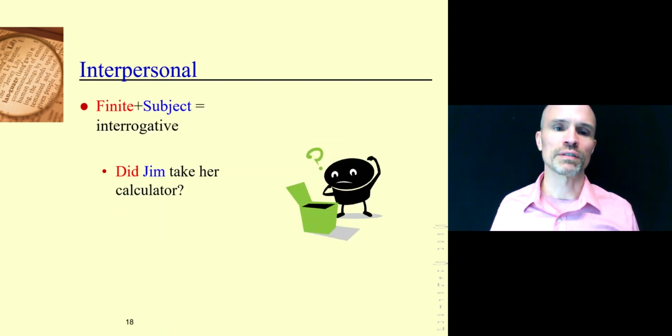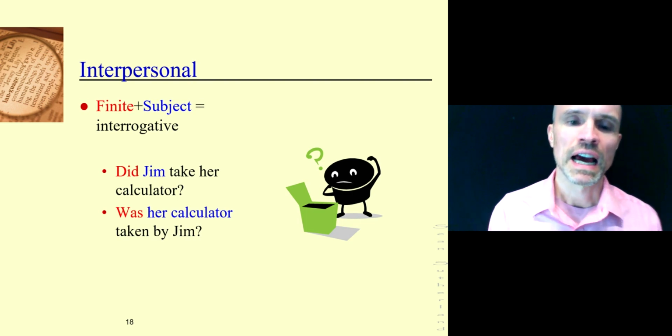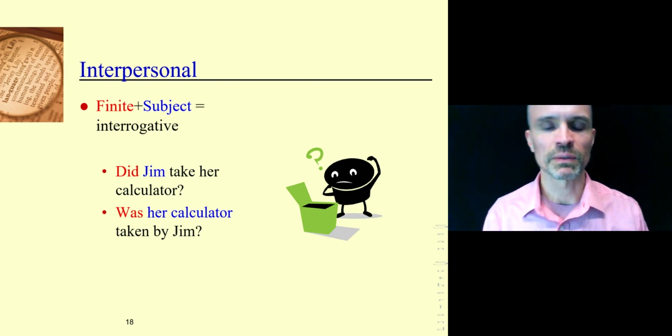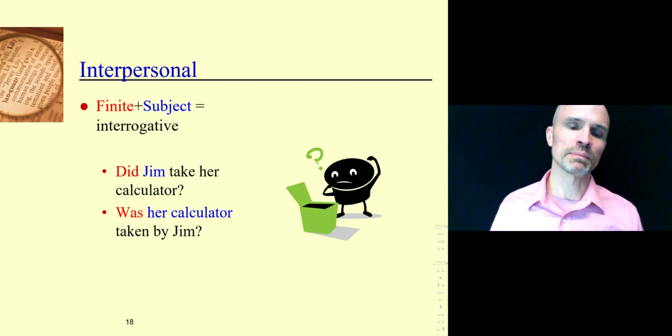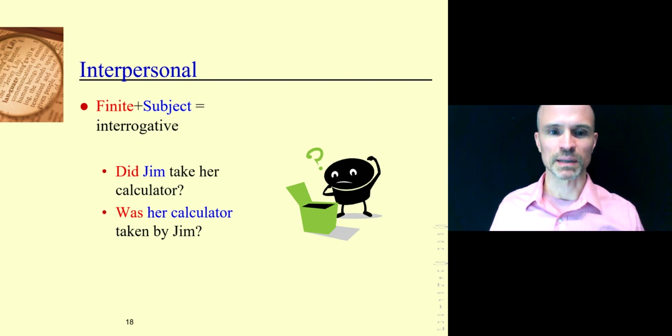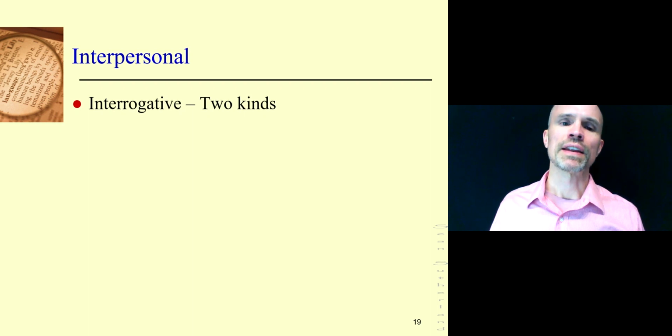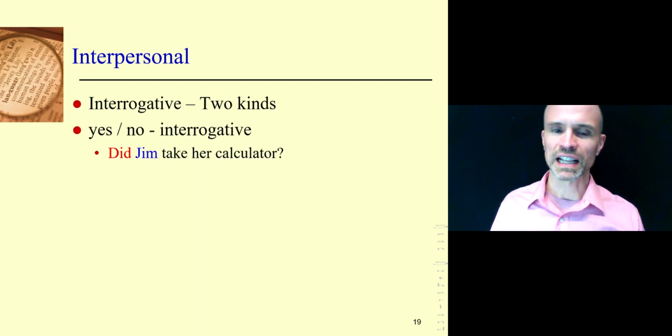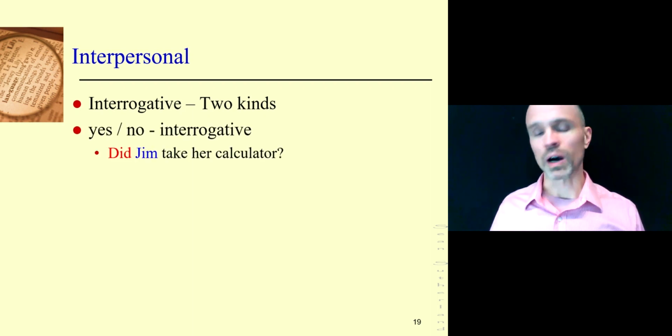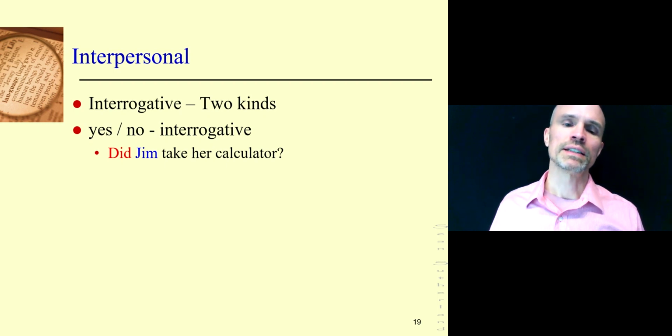And for the interrogative, we have a couple of patterns. Did Jim take her calculator? Was her calculator taken by Jim? Finite and subject in both of these cases. I'm asking you something. Now there is one little extra detail here that complicates things a bit, right? "Did Jim take her calculator?" is a yes or a no, right?